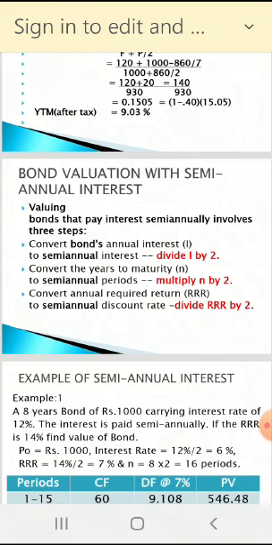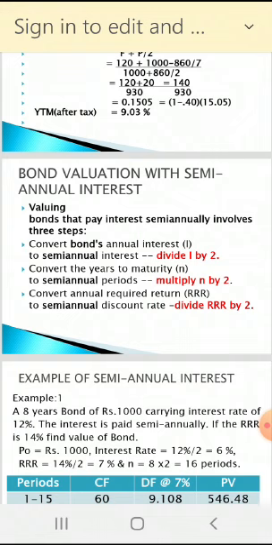I means interest rate. Interest rate divided by 2. Suppose you have 12% divided by 2, so it is nothing but 6%. Understood the point? Interest will be divided by 2: 12 divided by 2 is equal to 6% for the 6 months.